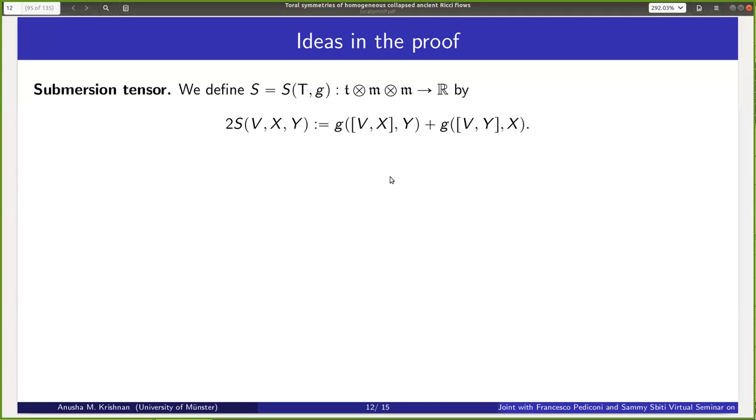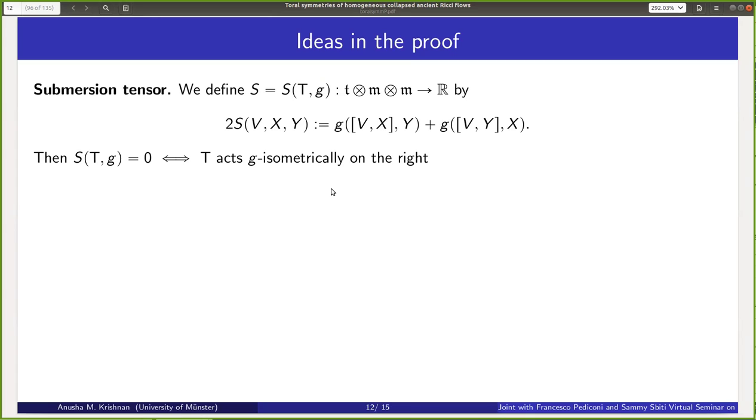Okay, so what this tensor is really is, it is telling you the infinitesimal version of the adjoint action of T on the manifold. In particular, the vanishing of this tensor is equivalent to the torus T acting isometrically on the right as well.